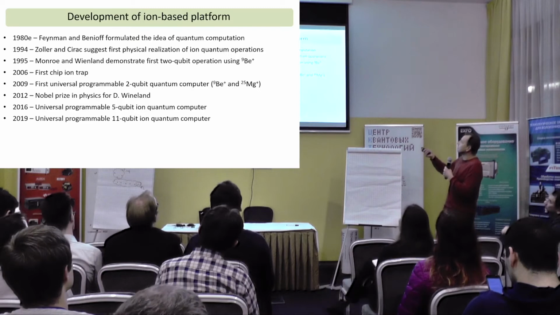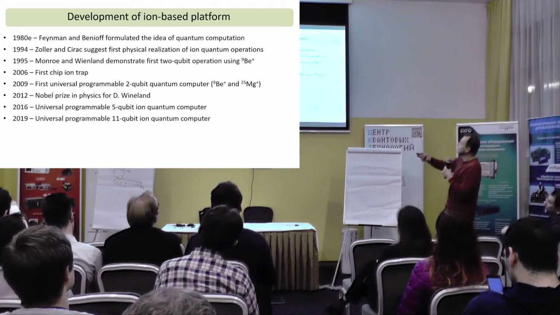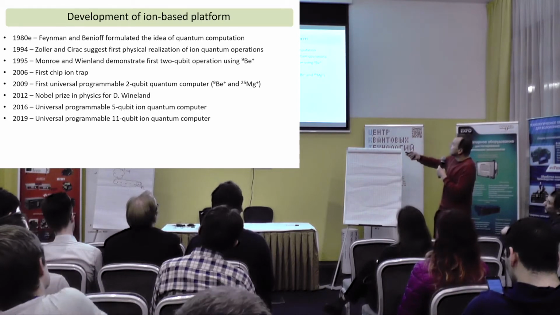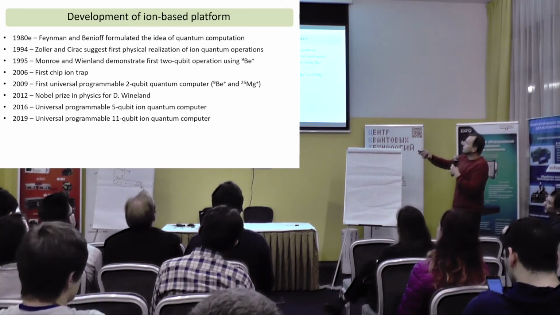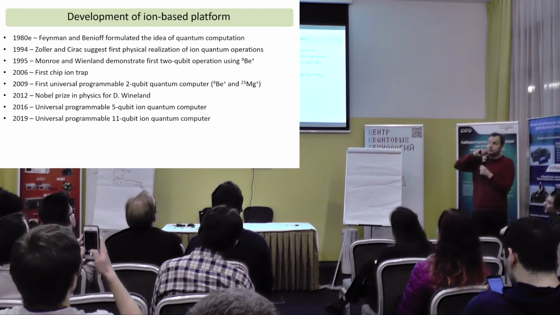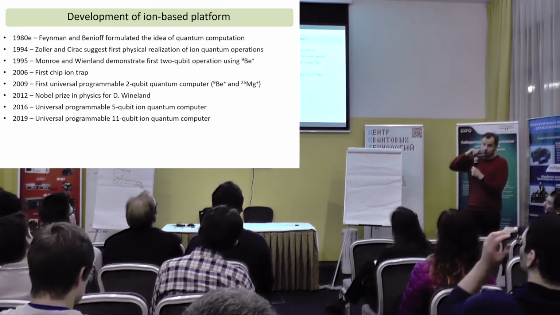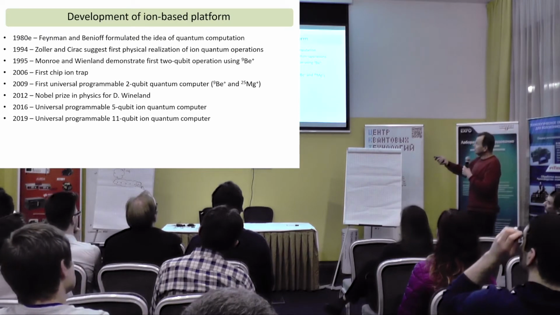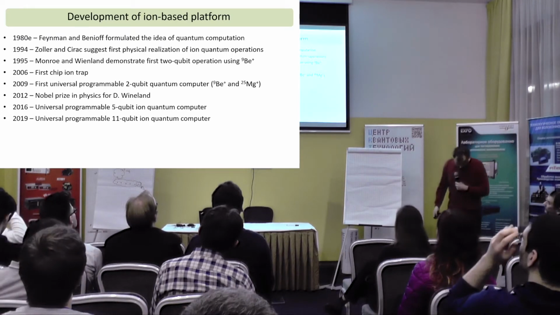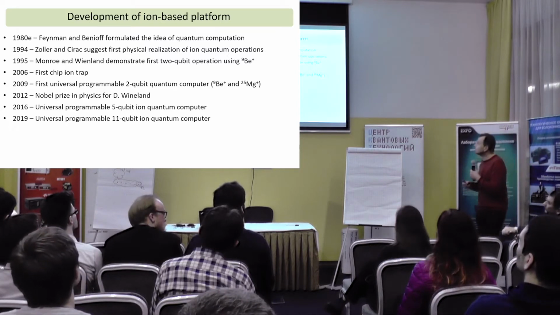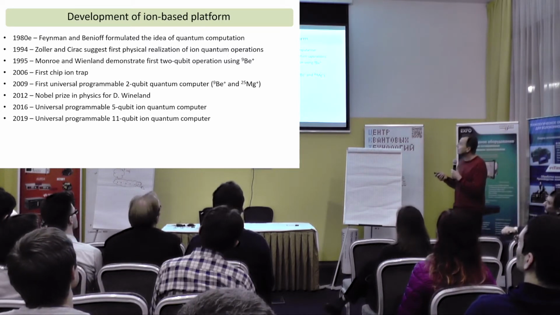There is a historical part, where the first part is well known for all platforms. Then in 1994, Zoller and Cirac suggested the first physical realization of ion quantum operations. It was on paper. Then in 1995, Chris Monroe and Dave Wineland demonstrated the first 2-qubit operation using a beryllium ion.